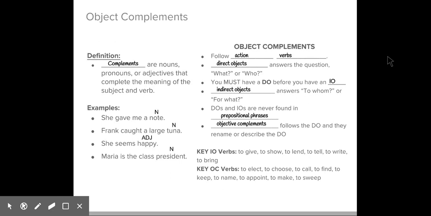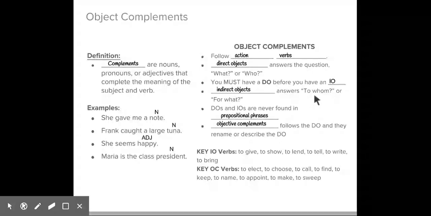If you have these particular verbs, give, show, lend, tell, write, or bring, those might trigger the idea that I might have an IO. Because if I'm going to give something, I might give it to someone. Remember, IOs answer to whom or for whom. If I'm going to lend something, I'm going to lend it to someone.